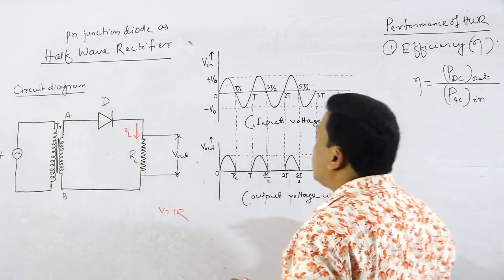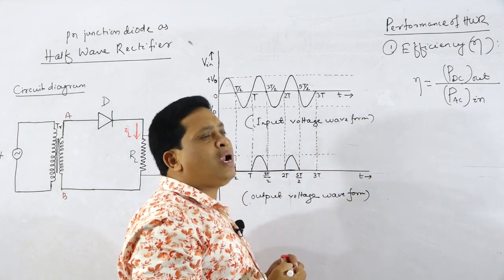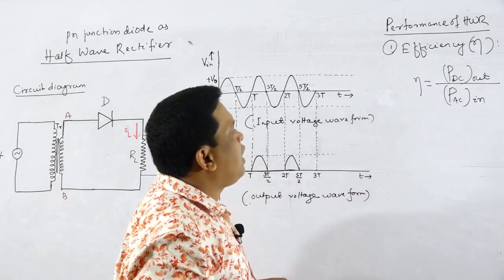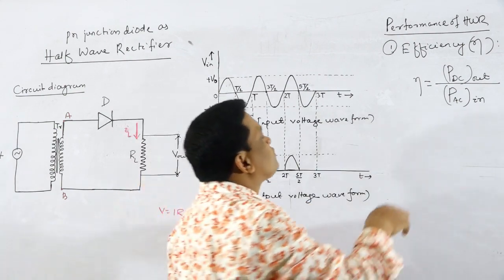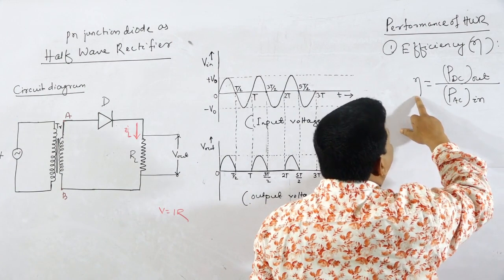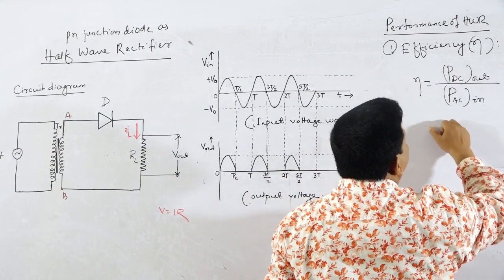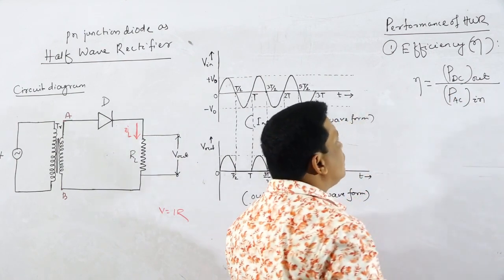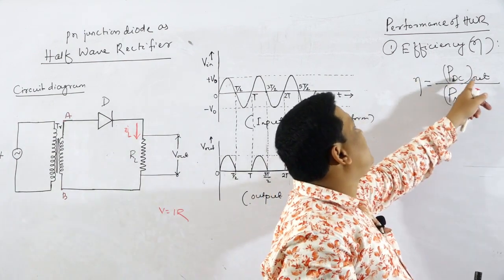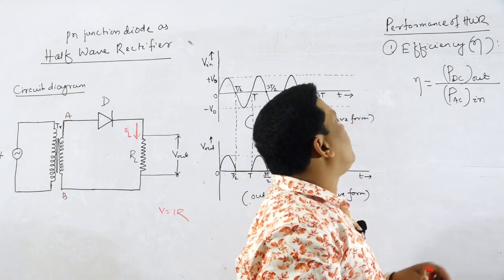Look here, we are getting DC power at the output of the rectifier and we have given AC power to the input. So we write eta equal to P DC out by P AC in.